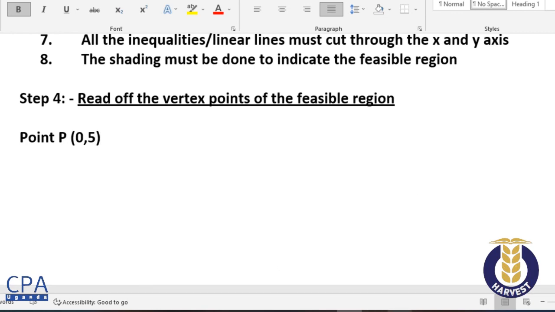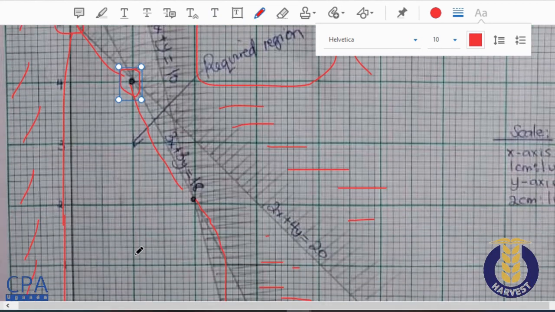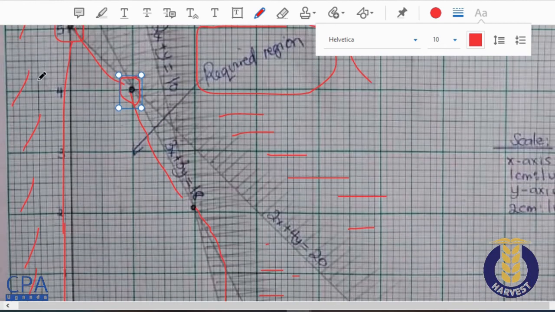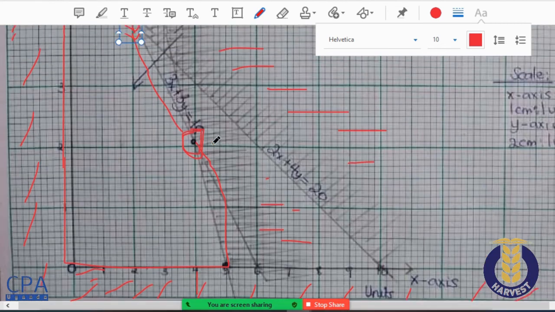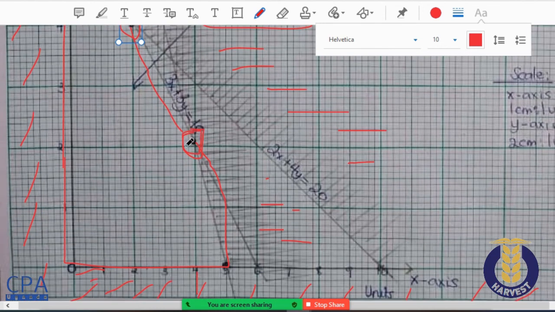Then we can get the next one. I'm going to call this one Q. Q, I can see, is 2, 4. This one, I'm going to call point R. R is roughly 4, 2.